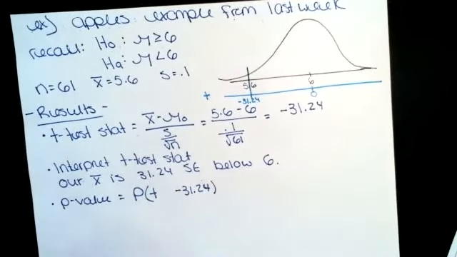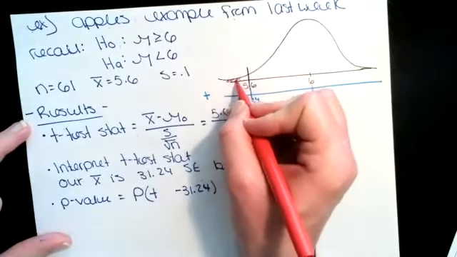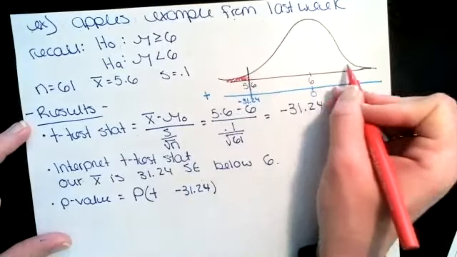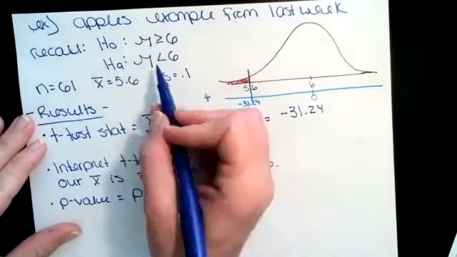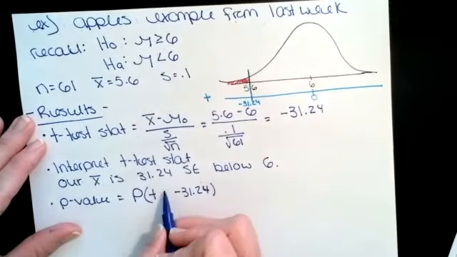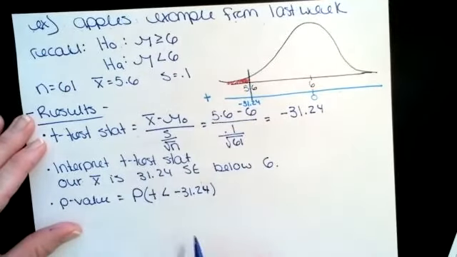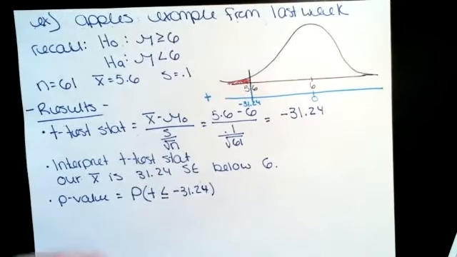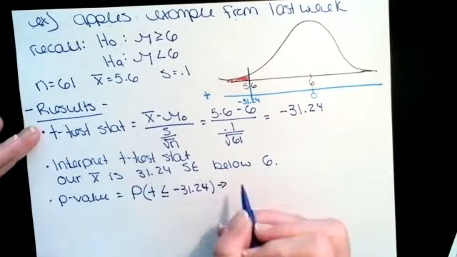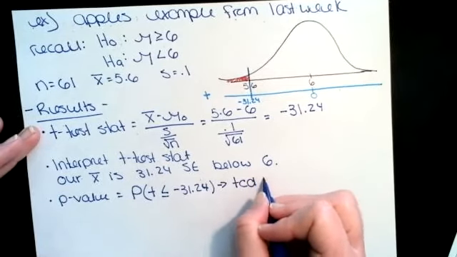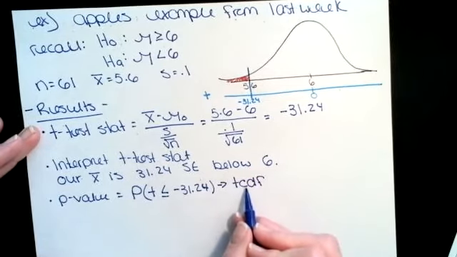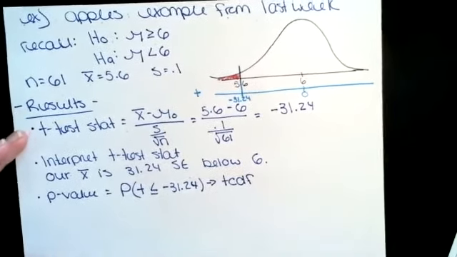So what I'm doing here is I'm calculating this area to the left. I'm not going to calculate all of this to the right. It's always the smaller. Remember what I said, it matches my HA, less than. So this is going to be a less than. You can write less than or equal to. It doesn't change your calculation any. So here it's t, so I'm going to use TCDF, the t cumulative distribution function.